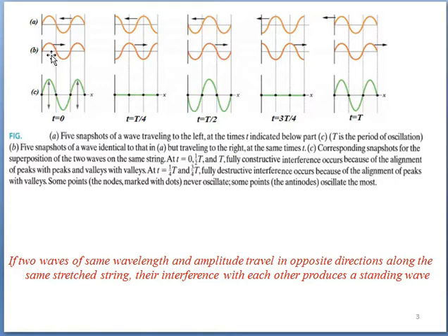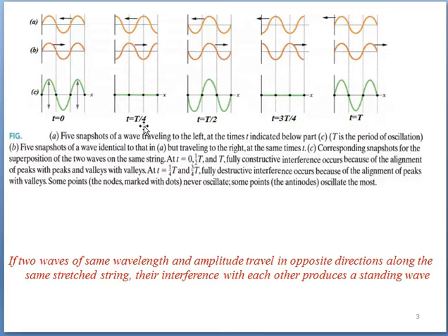Now this wave is moving to the right and this is moving to the left. So as time passes, the crest will not be at the position of the crest of the other, and similarly the valleys will also travel to different locations. So we look at the situation after time t equal to T by 4, where capital T is the time period of the wave.